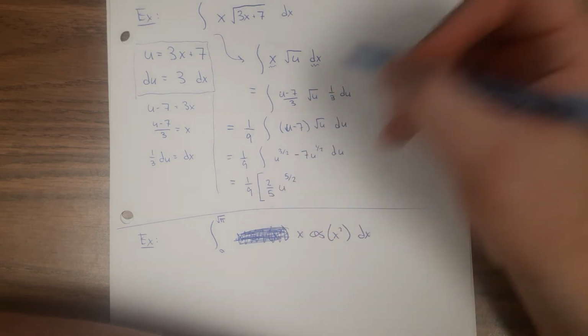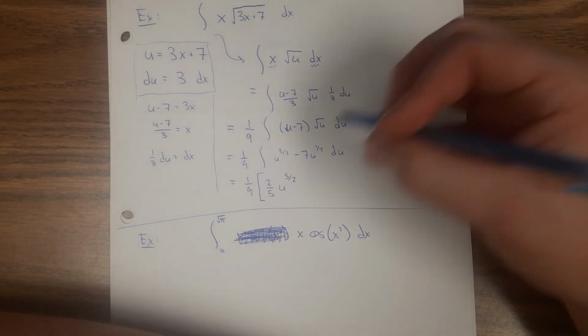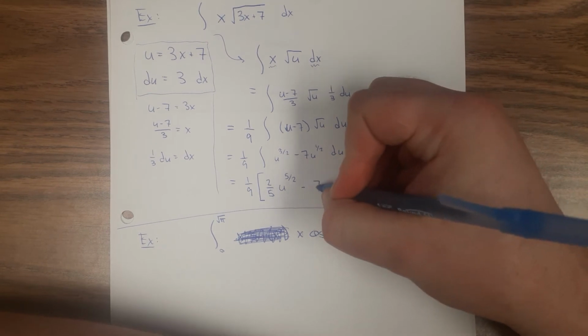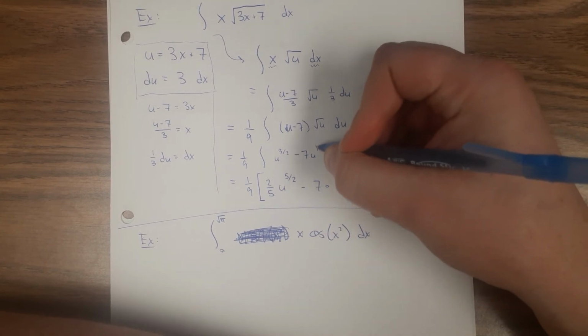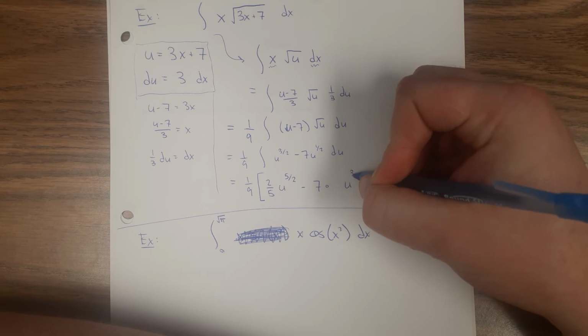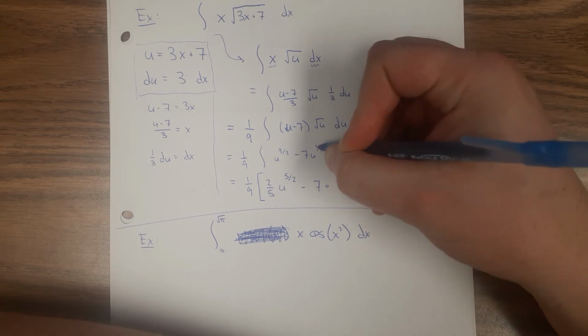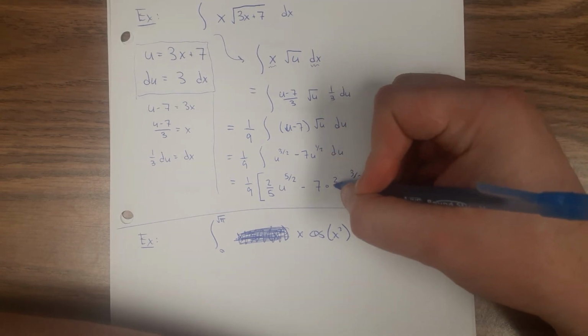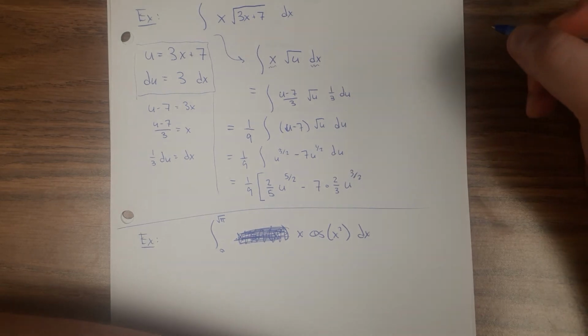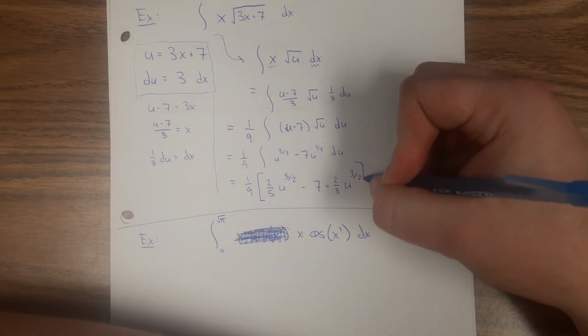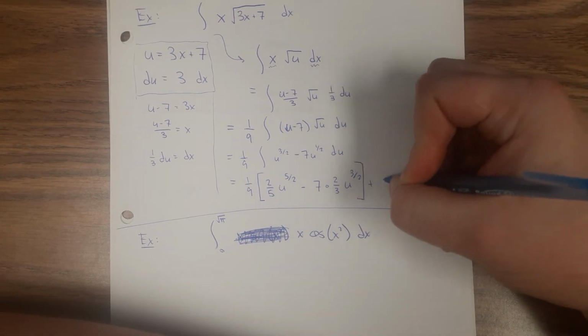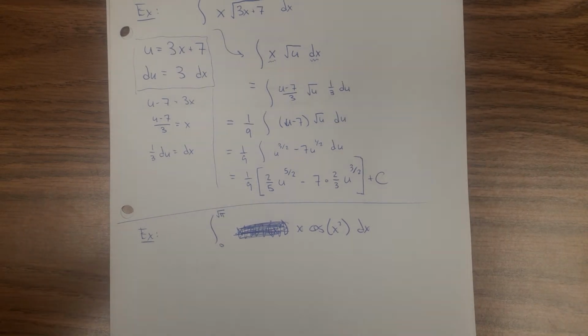I'm dividing by 5/2, right? Minus 7 times, this is going to turn into u to the 3/2, and then I would have to divide by 3/2, so what goes here is 2/3. And then I'll just remember to put plus c at the very end.